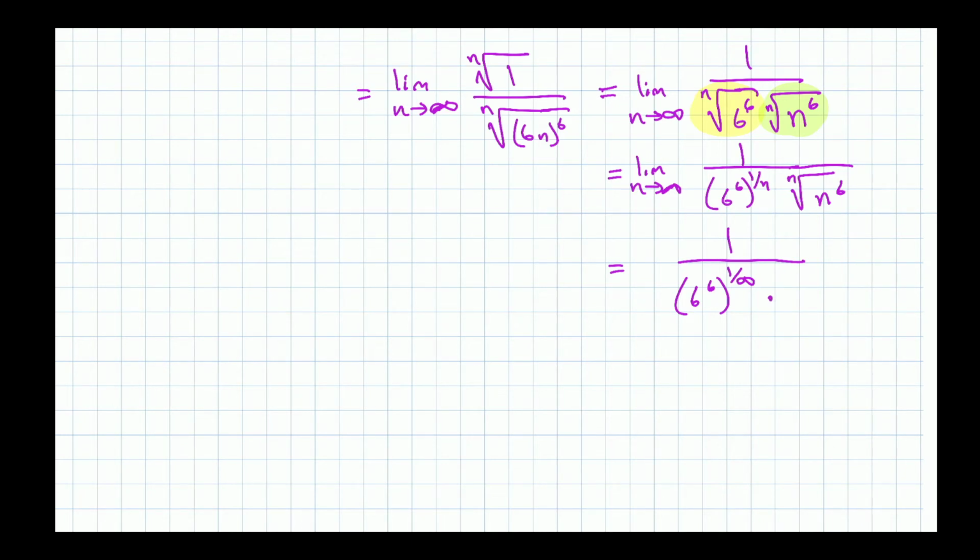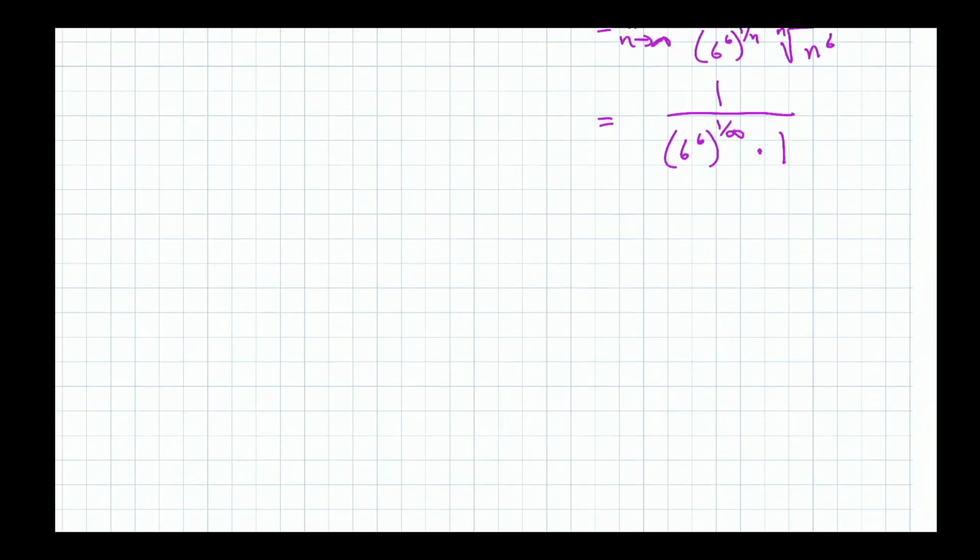The other one here, the nth root of n to the 6, we know the result is going to be 1. And then this is 1 over 6 to the 6 to the 0 times 1. And anything to the 0 power is 1. So 1 over 1 times 1, which is 1. Okay, so we get 1.